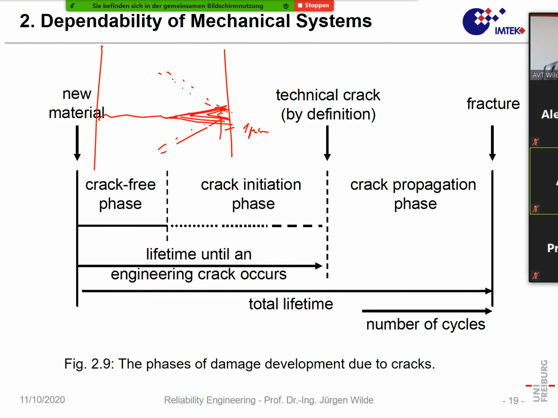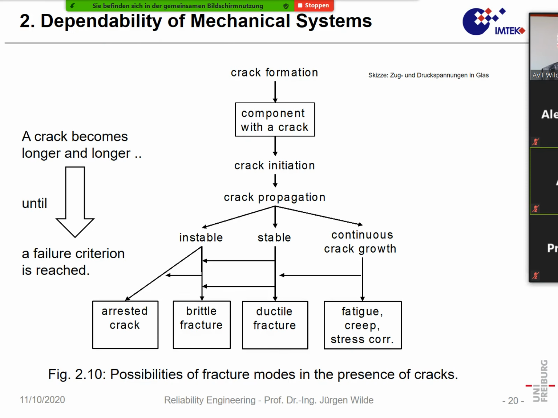Okay, that's such a process, and it's a good thing that we can know how it works, but on the other hand, as soon as a crack starts to propagate, it can become very dangerous. Cracks can have different behavior.